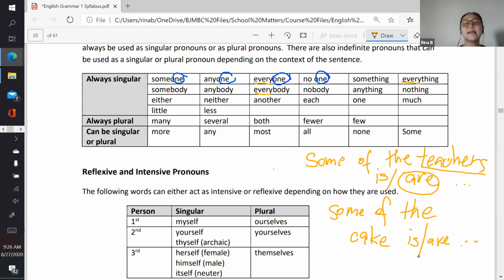Your clue, as I said, will be your object of the preposition. Since the object of the preposition is singular, then you say some of the cake is. Okay? So that's the rule for the indefinite pronouns that can go either way. Can be singular, can be plural. You have to look at the context.